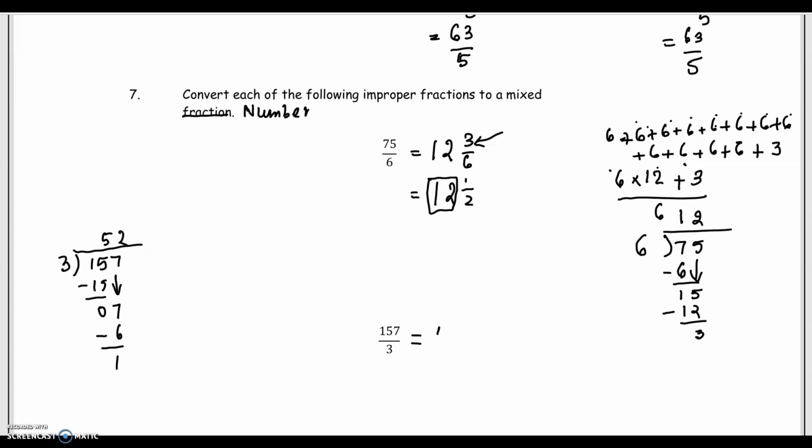So we write it as 52 and a remainder of 1. So 3 goes 52 times into 157, leaving a remainder of 1. The remainder is what gives us the fraction 1/3. Since we're dividing by 3, the fraction is 1/3.